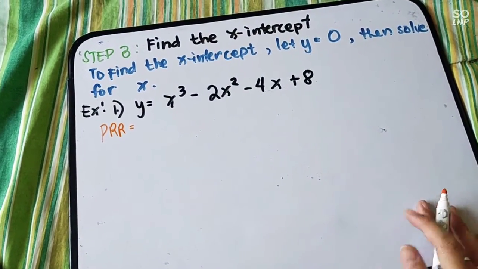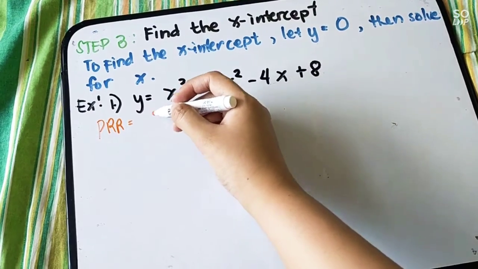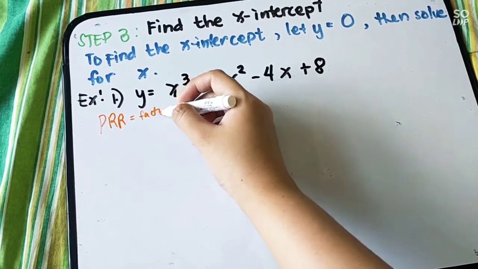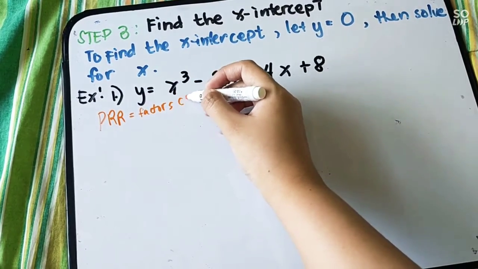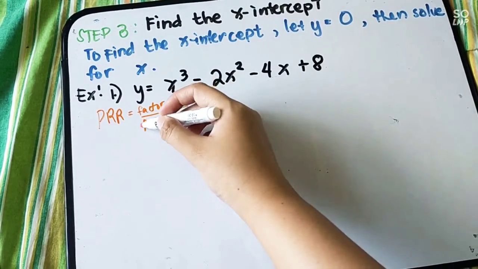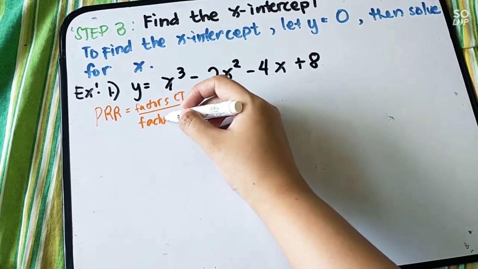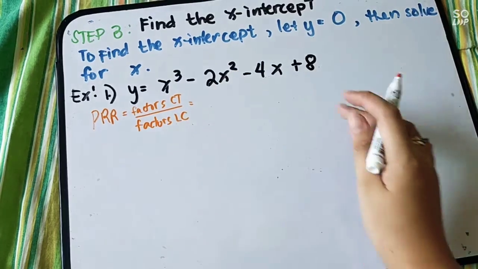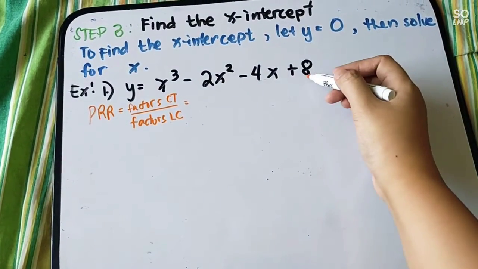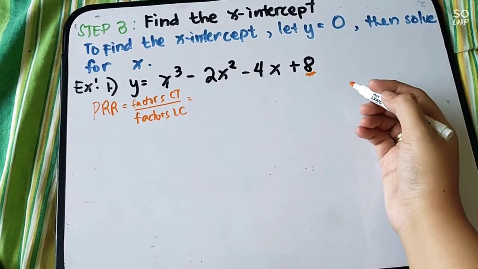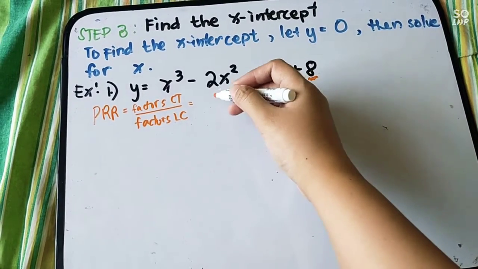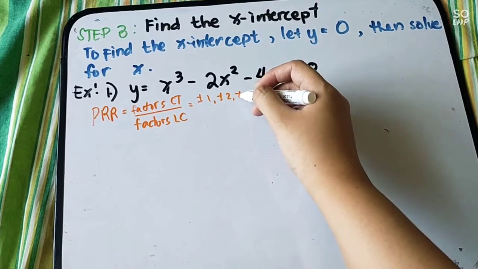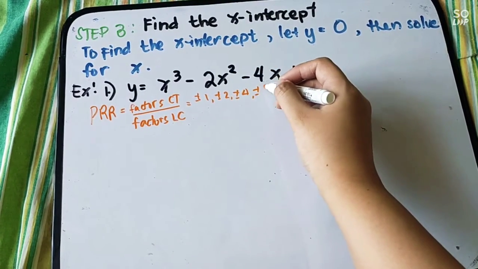You are going to find the factors of the constant term over the factors of the leading coefficient. Okay? What is our constant term? We have here 8. What are the factors of 8? What can divide 8? So, we have positive negative 1, positive negative 2, positive negative 4, and then positive negative 8.